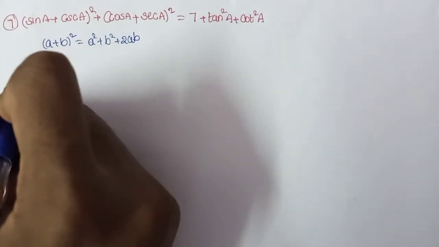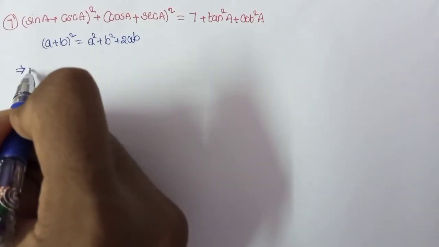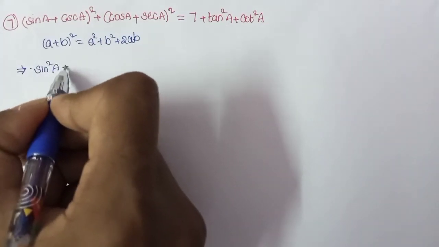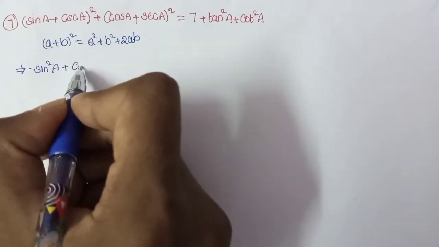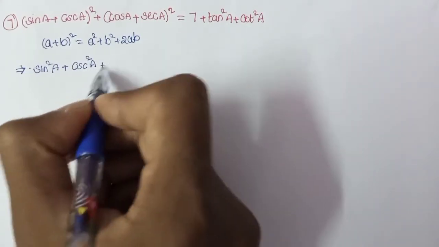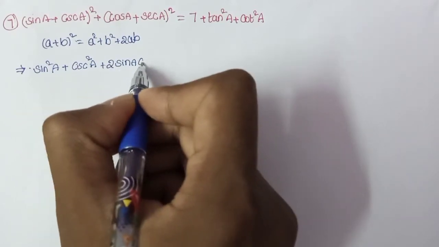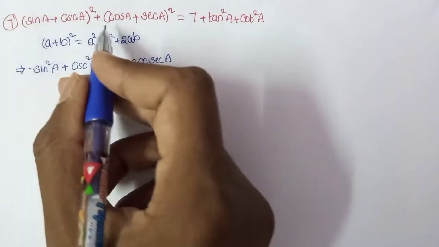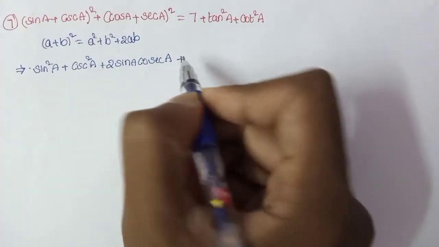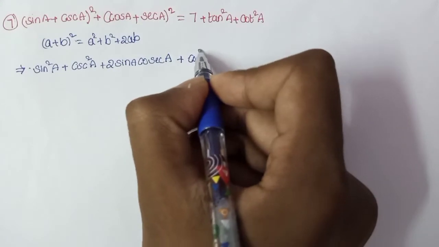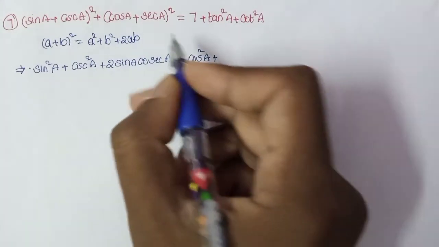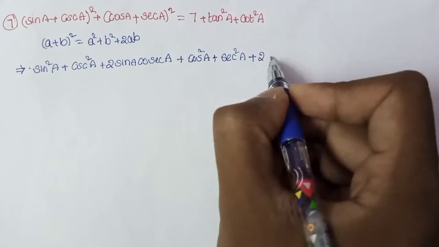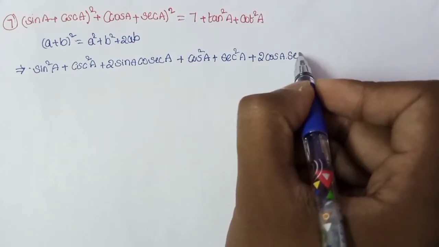So here also you can write, here a is sin and b is cosec, so sin square A, because a square is sin square A, b square is cosec square A, plus 2ab means 2 sin A cosec A. Similarly for this term also, plus cos square A plus sec square A plus 2 times cos A sec A.